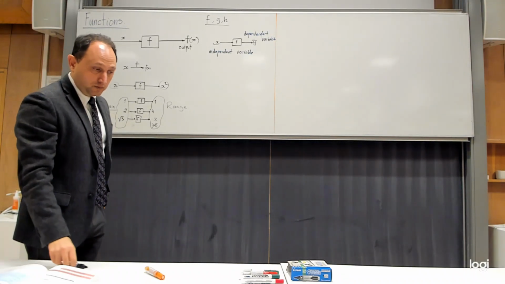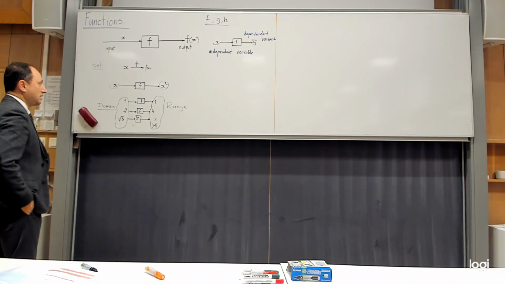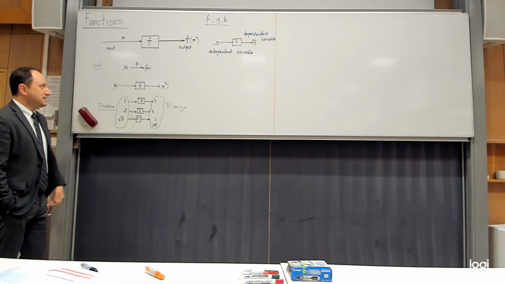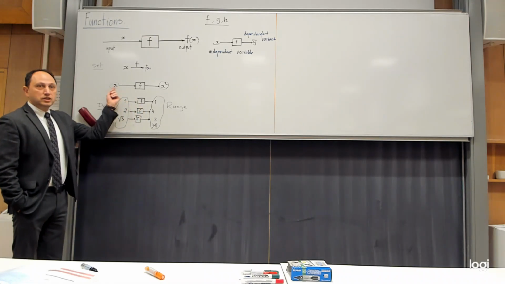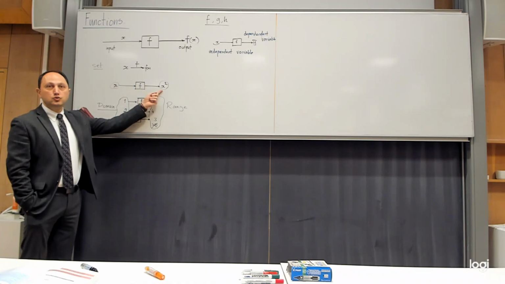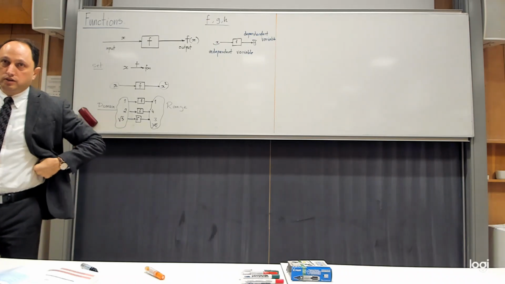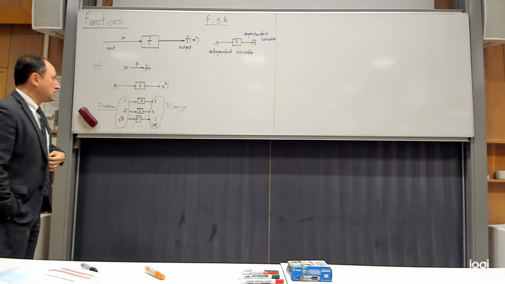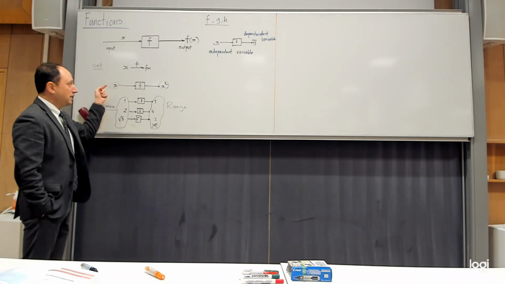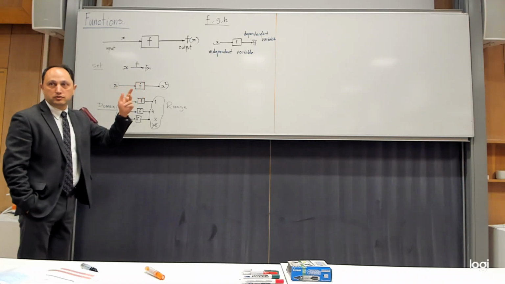Another, probably the most important thing about a function that I haven't described yet, is that when you decide about the input, the output is uniquely determined. This word uniquely is extremely important. It is not possible to send a specific input and get 2 or more outputs.